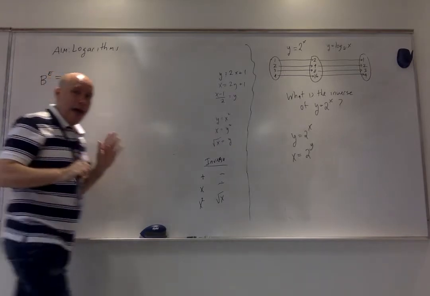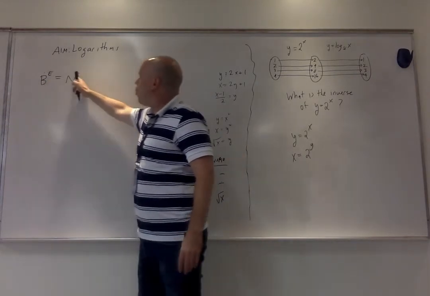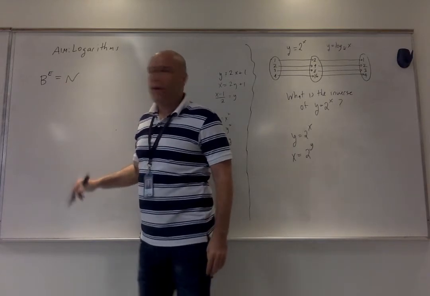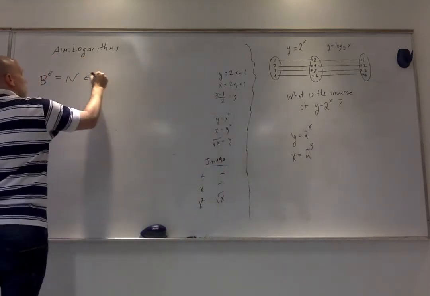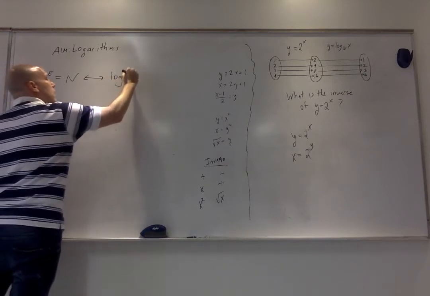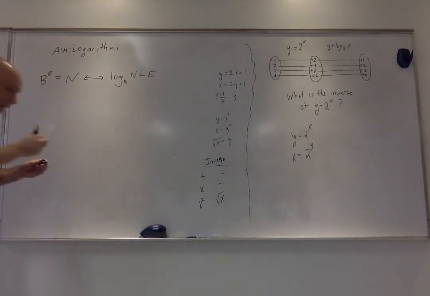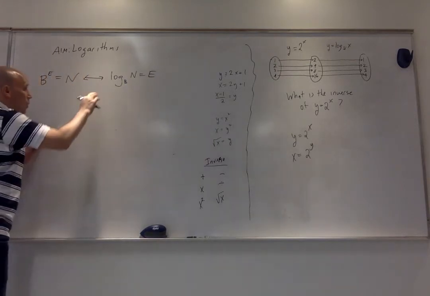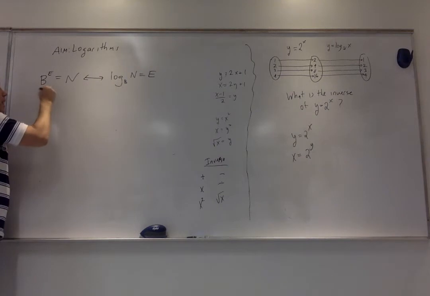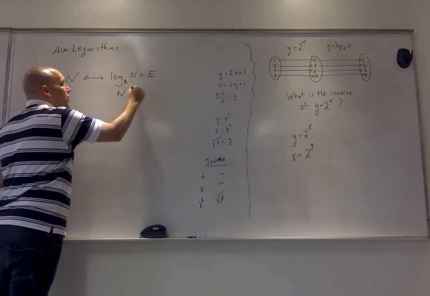The idea with exponents is that an exponent goes to a number, right? With logarithms, the number is going to the exponent. That's the idea. Once again, in exponents, the exponent is going to the number. In logarithms, the number is going to the exponent.